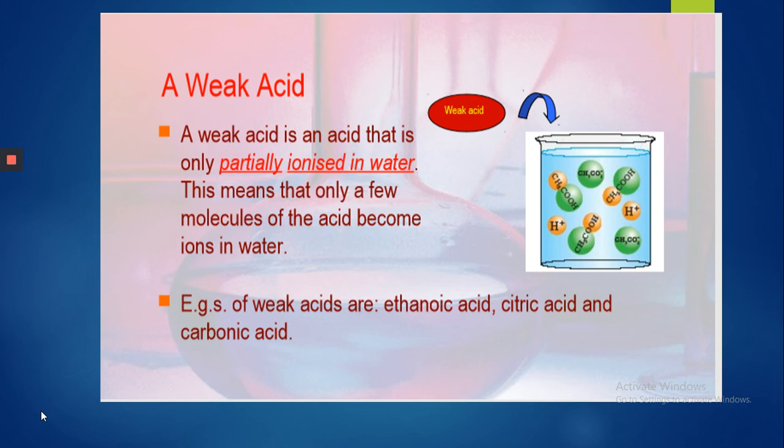A weak acid is an acid that is only partially ionized in water. This means that only a few molecules of the acid become ions in water. Ethanoic acid, citric acid, carbonic acid and tartaric acid are all examples of weak acids.